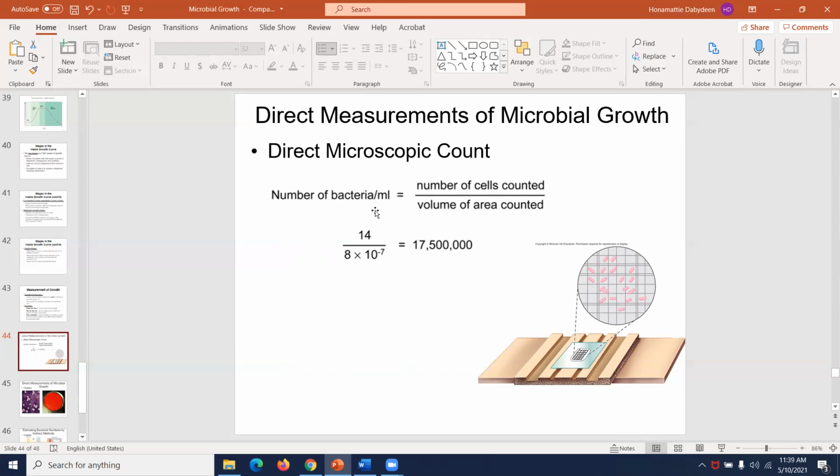Then, depending on the number you have, you adjust for the volume.